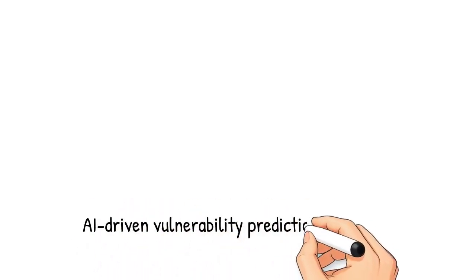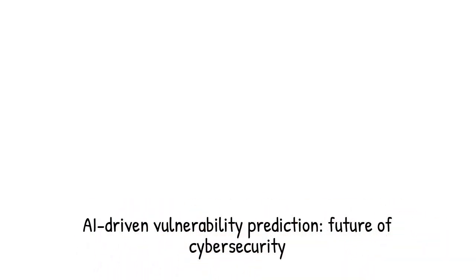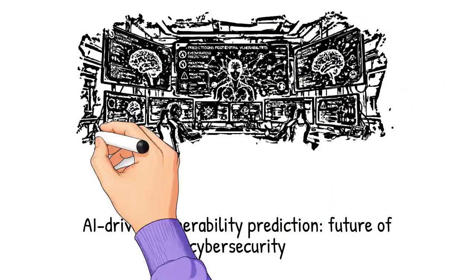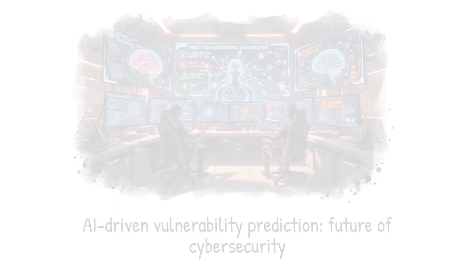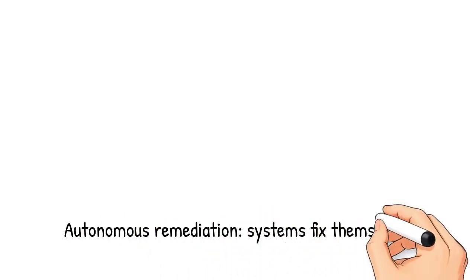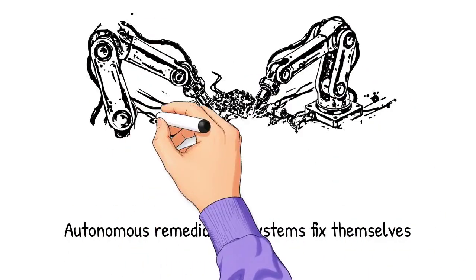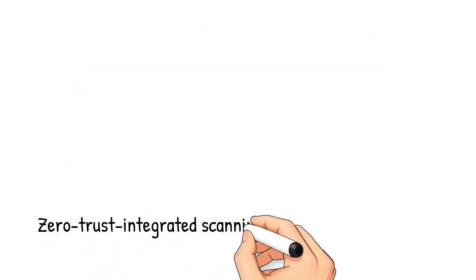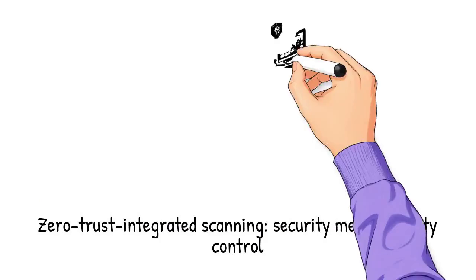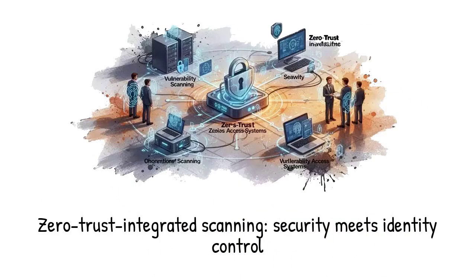Cybersecurity evolves rapidly. Here's what the future holds. 1. AI-driven vulnerability prediction. AI will predict vulnerabilities before they are discovered publicly. 2. Autonomous remediation. Systems will fix themselves without human intervention. 3. Zero Trust integrated scanning. Scanning will become part of identity-driven access control. 4.